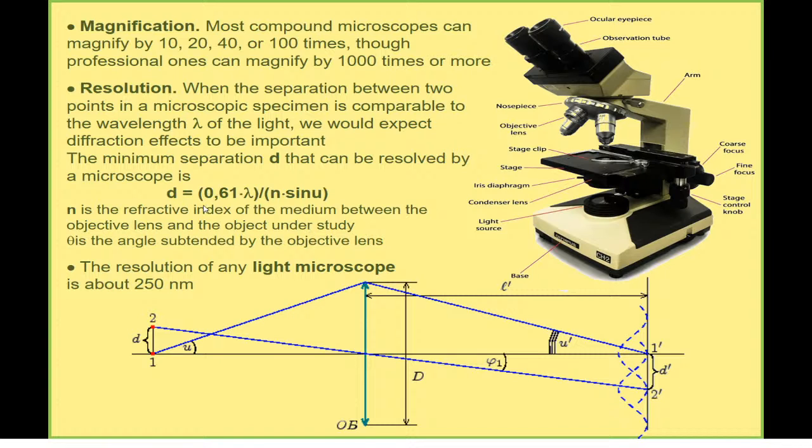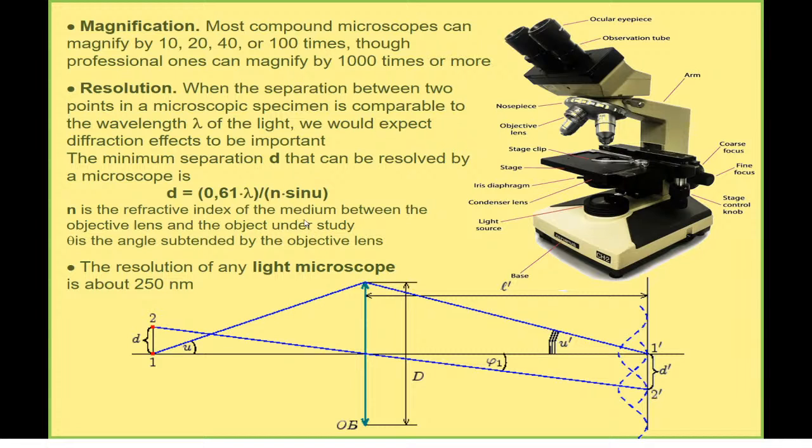One more thing: if you put between the objective and specimen, if it is possible, a medium with a greater than air index of refraction, an immersion fluid, for example, you decrease this distance, and the resolution is increased by that means.